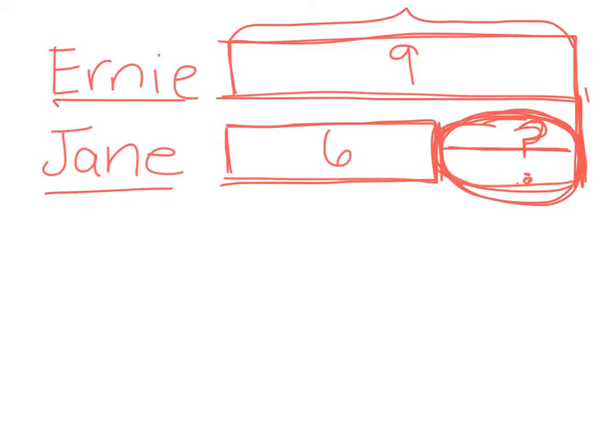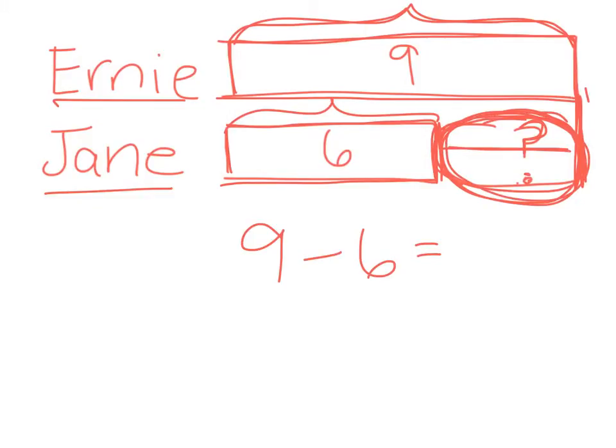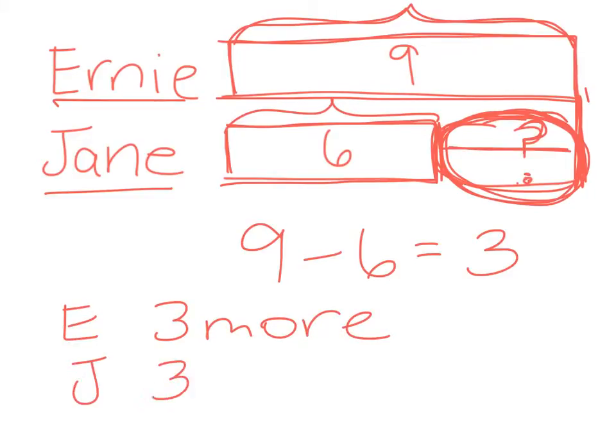Well, the way I can do this is I can take my 9 for Ernie and subtract my 6 for Jane, and that should tell me how much is left in my oval, the amount more that Ernie has or the amount less that Jane has. And 9 minus 6 is 3. So that tells me Ernie has 3 more, or Jane has 3 less.